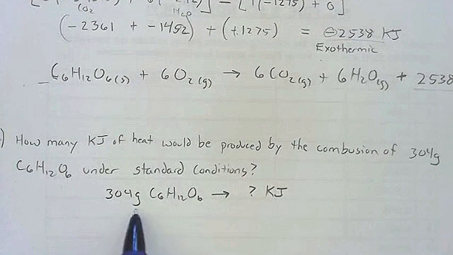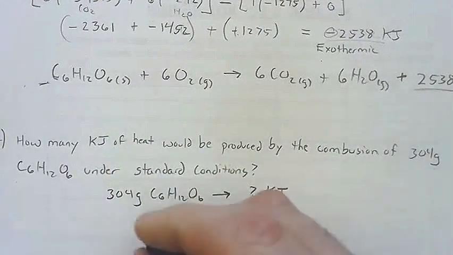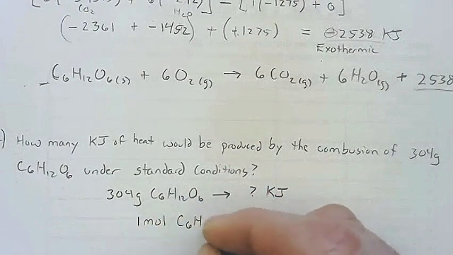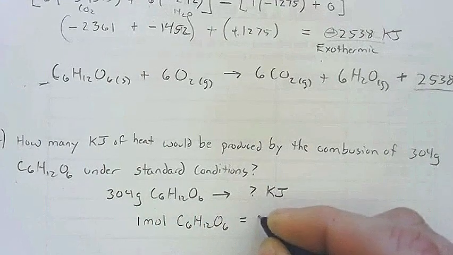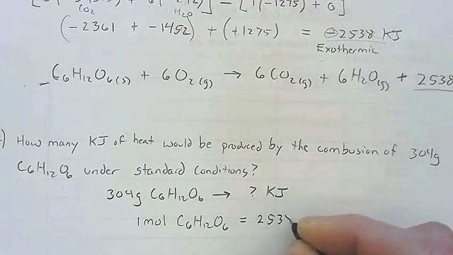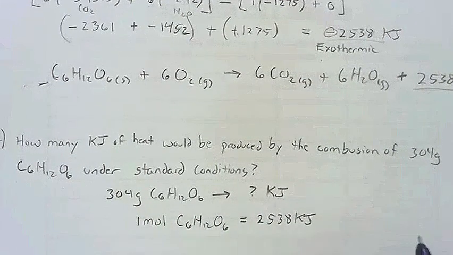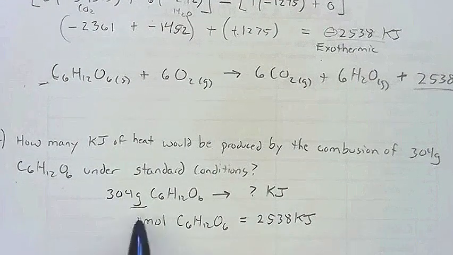Well, to go directly between moles and kilojoules, I know that for every 1 mole of C6H12O6, it is going to equal 2,538 kilojoules. And I also know, since that is grams, I need to be able to get from grams to moles.